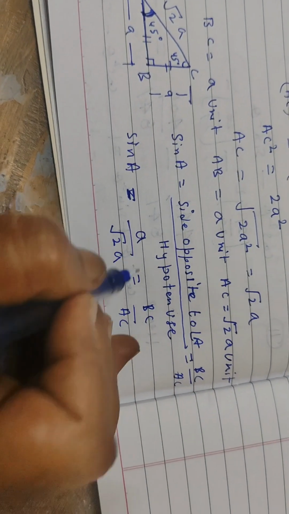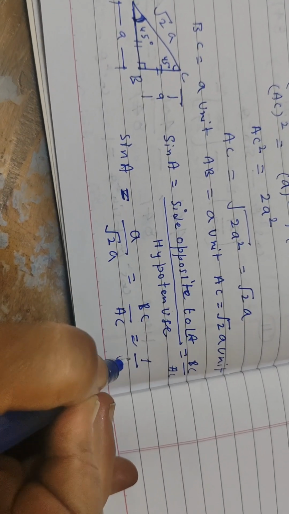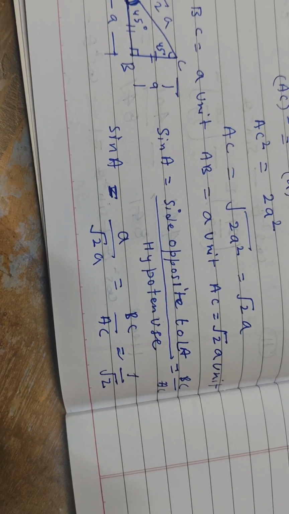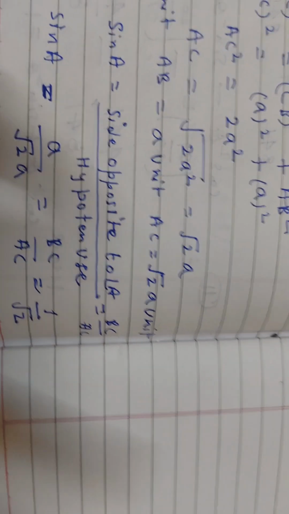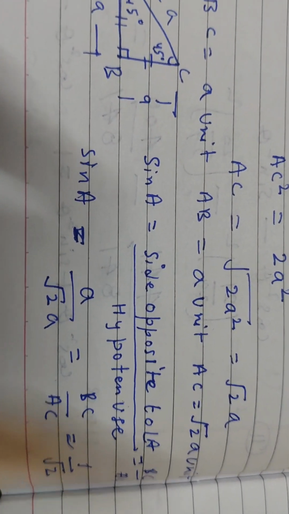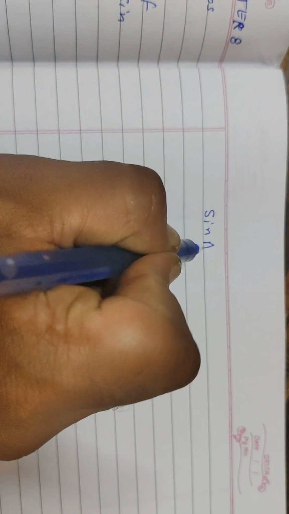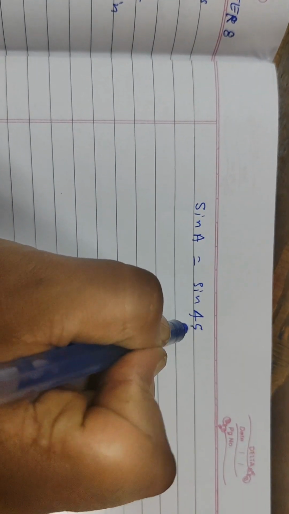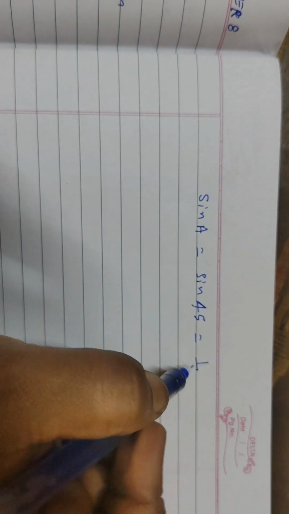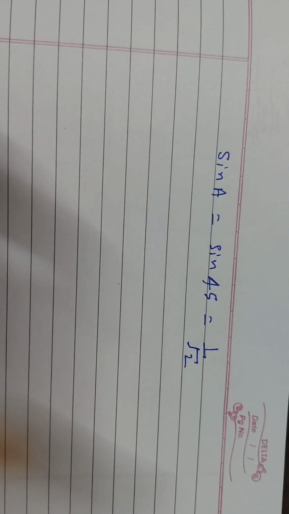So A cancels and we get 1/√2. This is sin A. So sin A is equal to sin 45, which is equal to 1/√2.